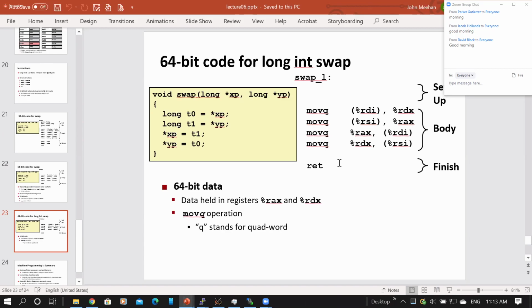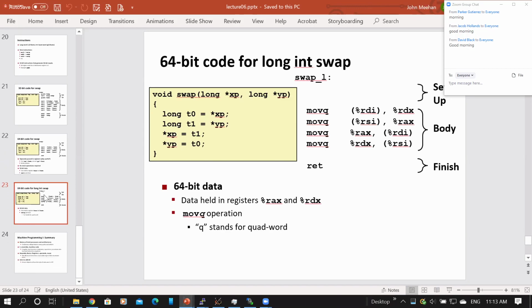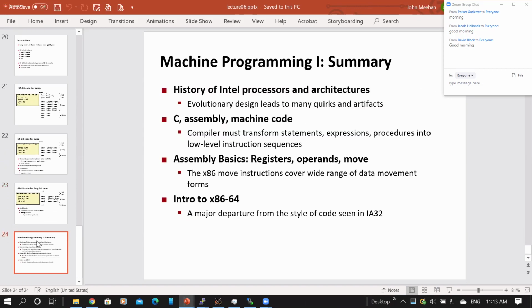So we can move bigger chunks of data around on our 64-bit machine because our registers are twice as big. So we looked at the history of the Intel processor architectures.